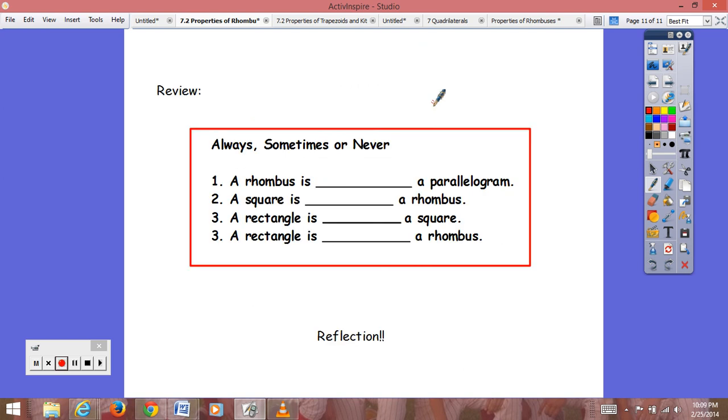And for our review, just again, viewing the always, sometimes, never to distinguish between our shapes. A rhombus is always a parallelogram. A square is always a rhombus.